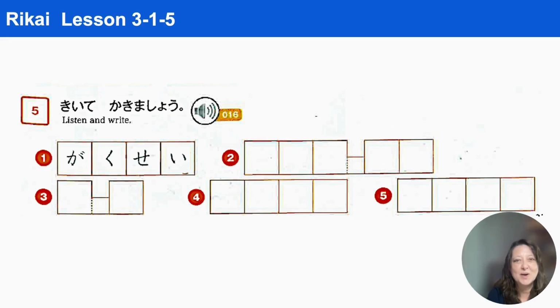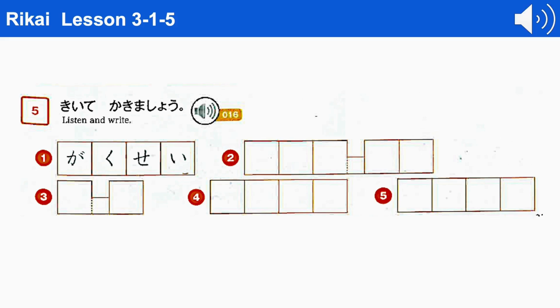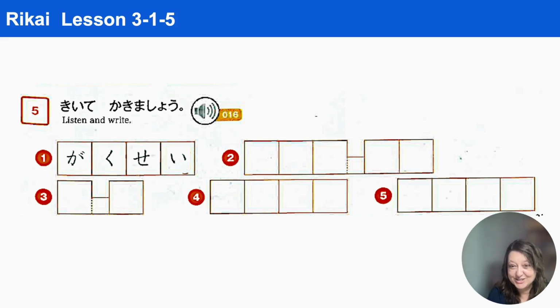All right, let's practice writing these words in hiragana and katakana. You may use your Goicho word book to check your answers, but first, let's listen and write. If you need to, you may use your hiragana and katakana charts as well. 1、学生。2、会社員。3、主婦。4、日本語。5、ドイツ語。How did you do?